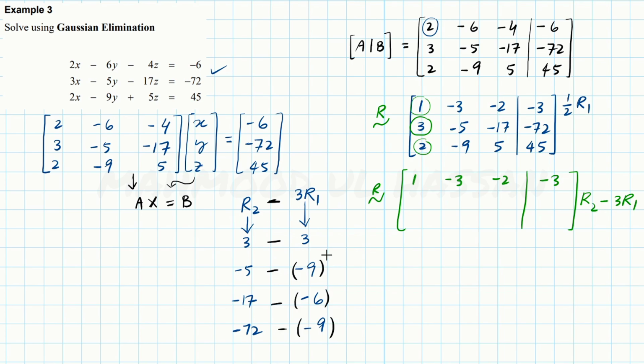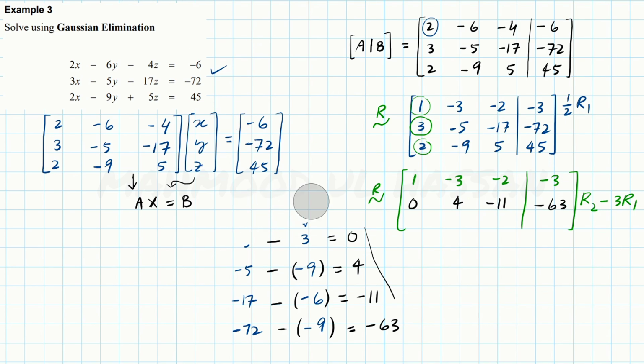The first would become 0, the second would become negative 5 plus 9, that is 4, and here negative 17 plus 6 is going to be negative 11, and here negative 72 plus 9 becomes negative 63. So just write all these elements in the second row. That is 0, then 4, then negative 11, then negative 63.